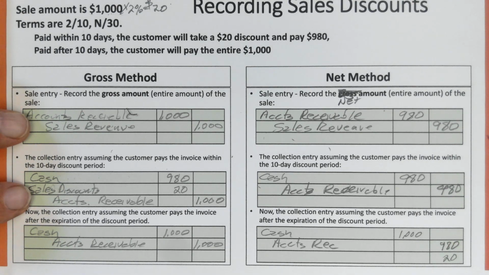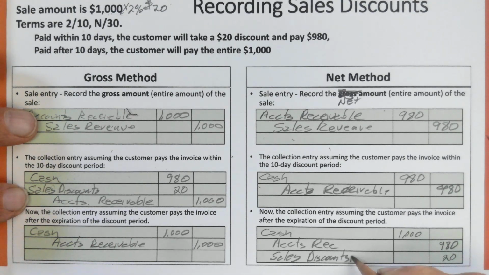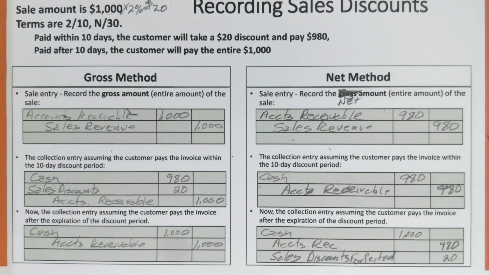What happens with this is by paying late, our customer has forfeited that discount. So we're going to call this sales discounts forfeited. And there we go. So that's how we use the net method.